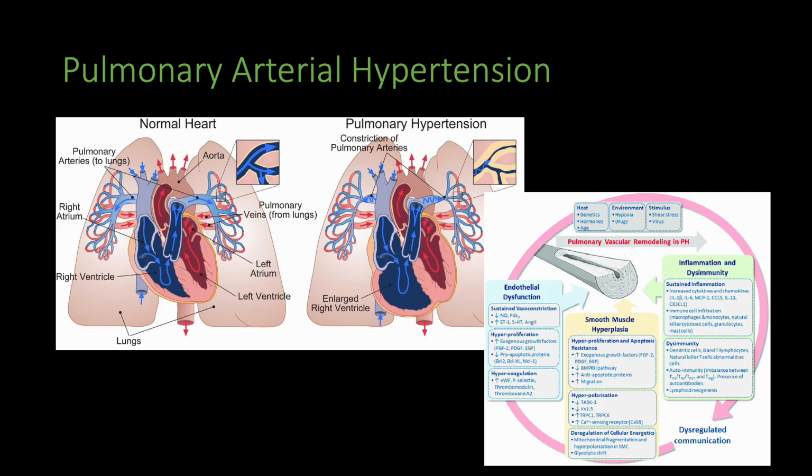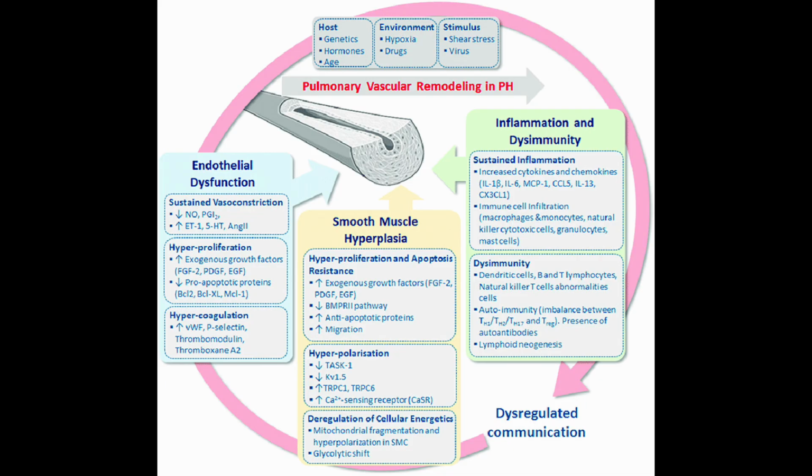So you can see endothelial dysfunction, smooth muscle hyperplasia, and inflammation. Any of these things can occur. So I just wanted to show you a quick diagram here on that. Then this section expands it to show you the picture a little bit better.